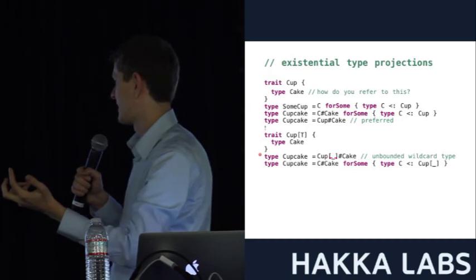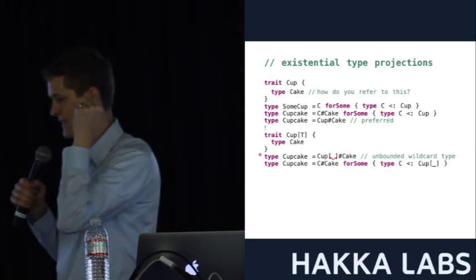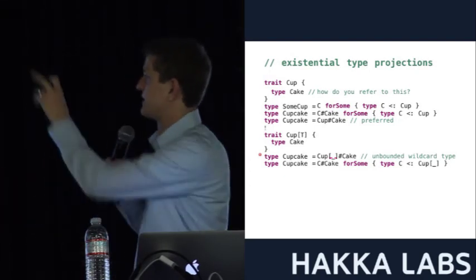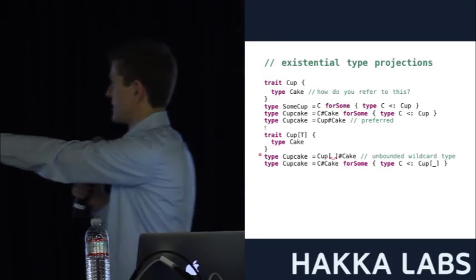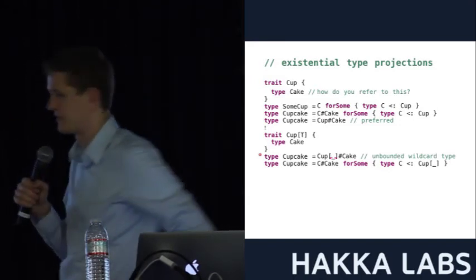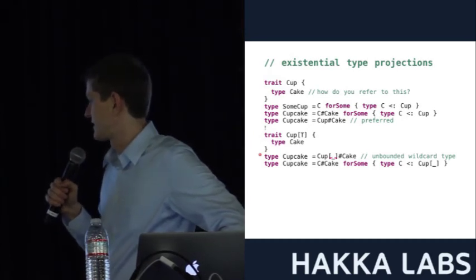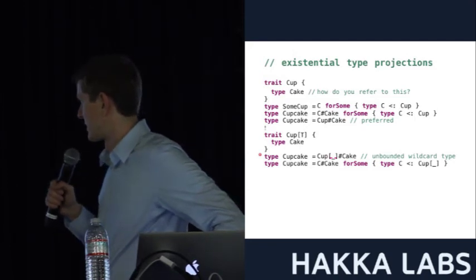You're essentially saying, I have some type of thing, I don't know what it is, and I don't care, but I want some type out of it. But again, you should never use existential types for this case. You can just use the type projection of the top level thing. But there are cases where you do need the existential type, so it's worth considering the simple case first.